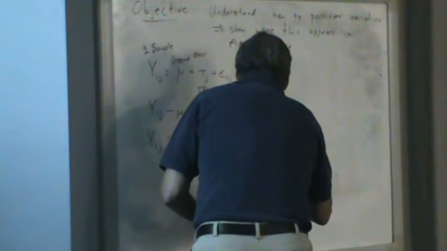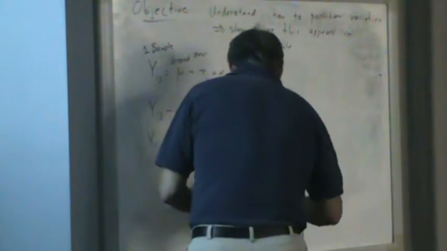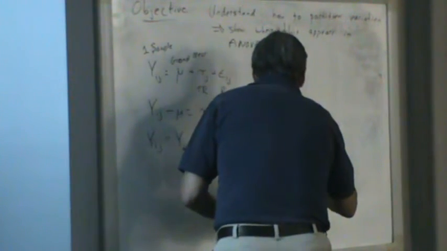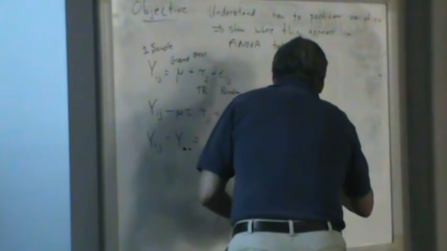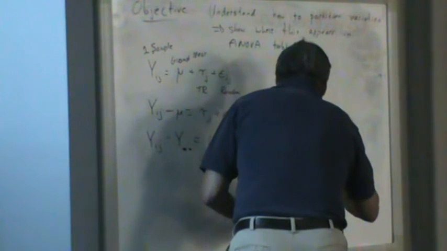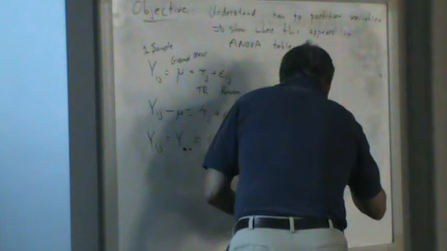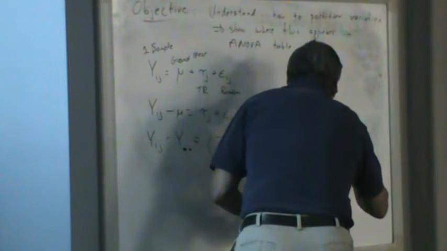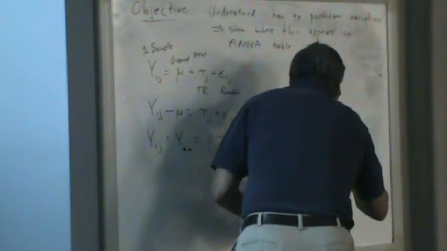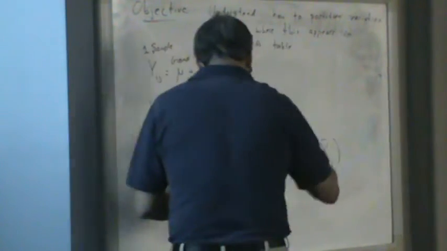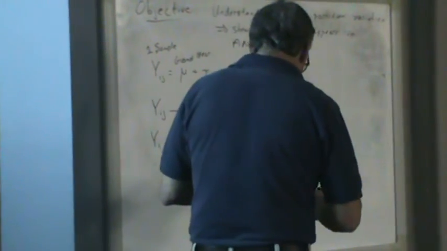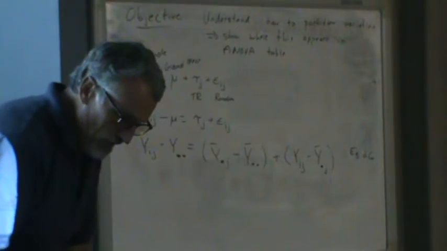I'll introduce the new notation, then I'll define it. This is equation 2.6 in the book, if you're looking around. Let's define what these terms are, so that we don't think, good Lord.